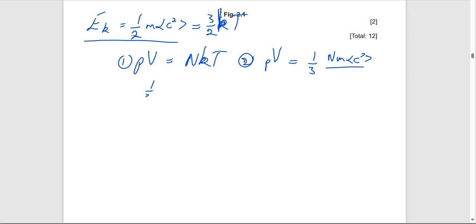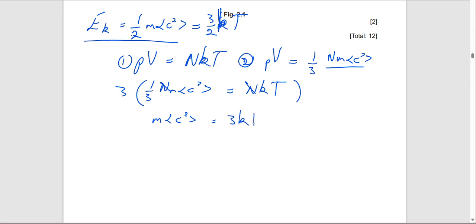So now you have your 1/3 nmc squared equal to nkT. You can cancel out the n's, multiply both sides by 3. Now we have mc squared equal to 3kT. And look at this. This is analogous to the formula for kinetic energy that we know, half mv squared. If we divide that by 2, we get half m mean square speed, 3 over 2 kT, and we know this is equal to the kinetic energy of the molecules of the gas.